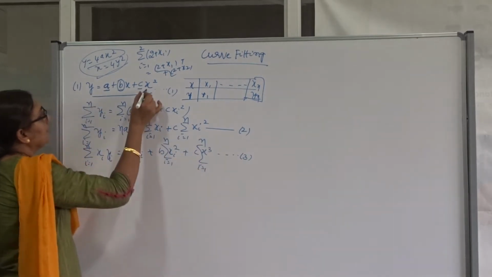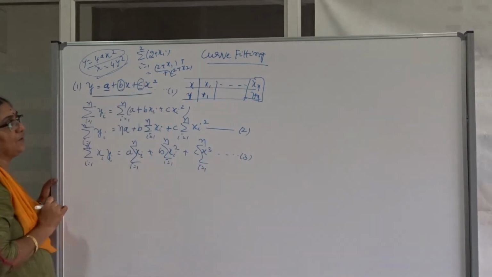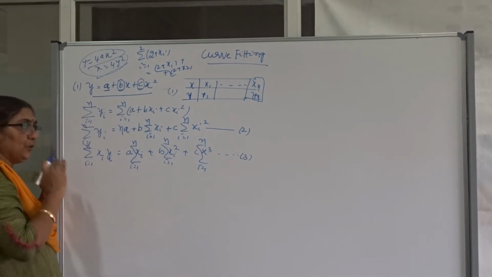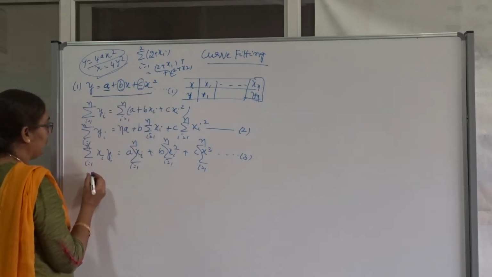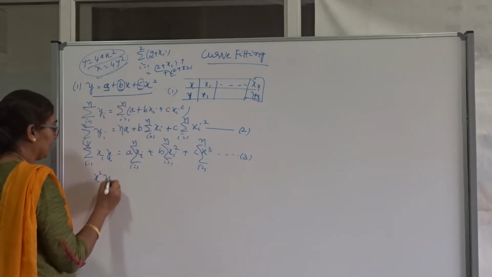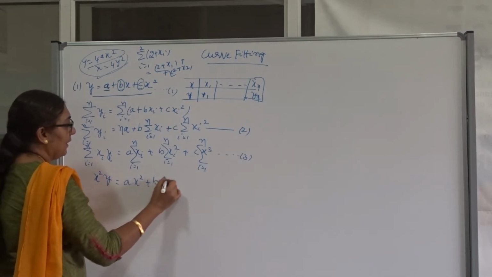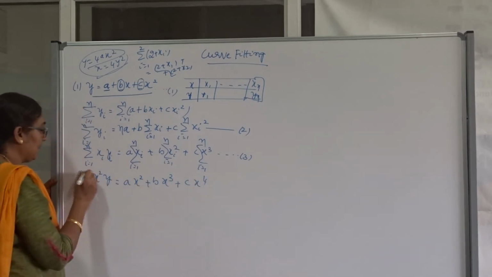Now I am moving to the next. What's the coefficient of c? Based on c I want to write. What's the coefficient of c, other than c? Suppose it has a negative sign, you take that along also. But here it is plus only, x square. First you multiply by x square on both sides. Now ax square plus bx cube and then cx to the power of 4. And then you take summation on both sides.